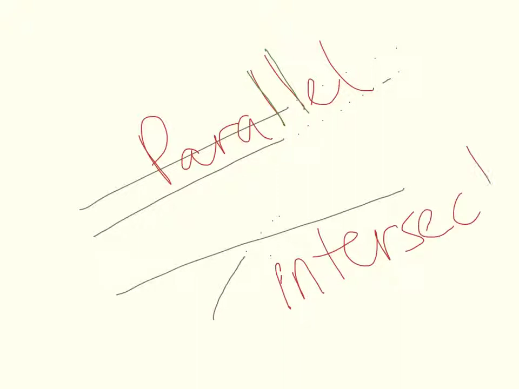The L's don't cross. Okay, and this one we would say they're not parallel. They intersect. They're intersecting lines, and you can think of the T as two lines that intersect also. Okay?